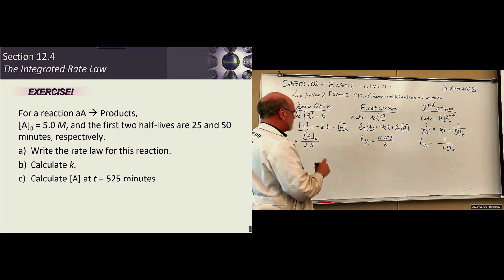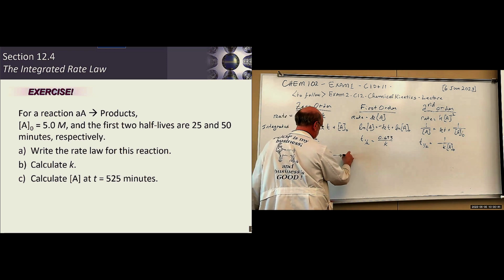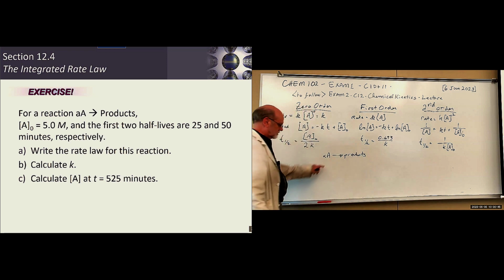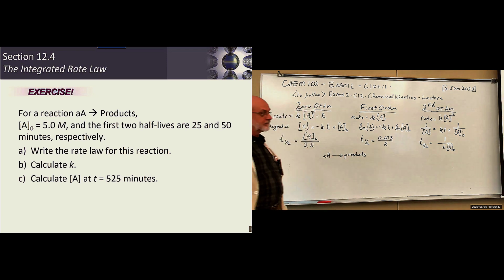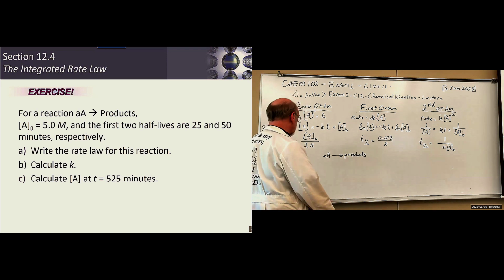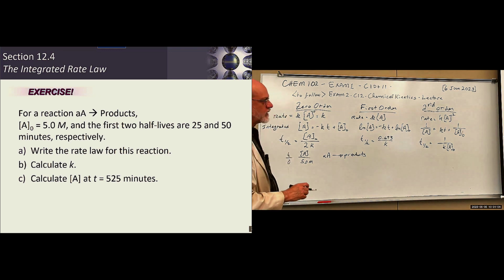If we have A to products, which one are we going to incorporate into the rate law? That one right there. A0 is 5 molar. So we're starting off at 5 molar, right? At time 0. And the first two half-lives are 25 and 50.